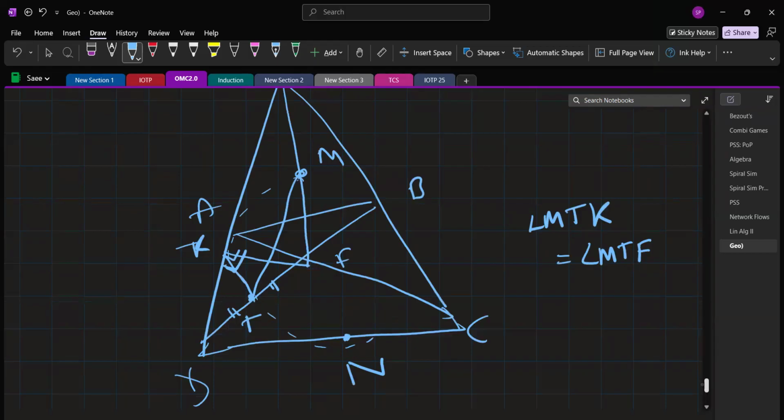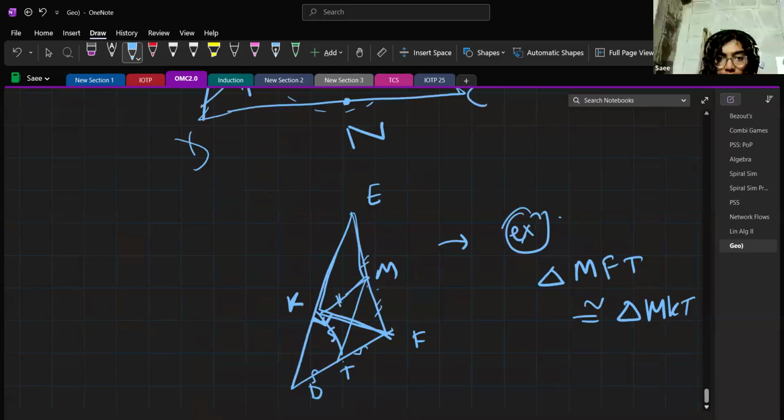We know that T is the midpoint of DF, so T is the circumcenter of DKF. So we know that TK is equal to TF. And similarly, MK was equal to MF. So by SSS, we get that result.